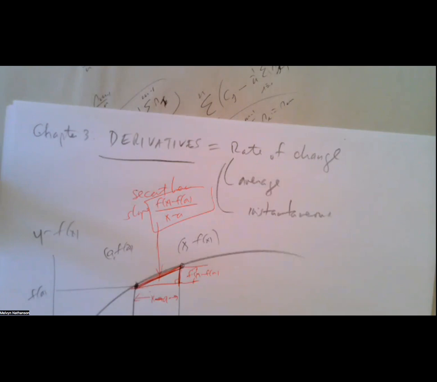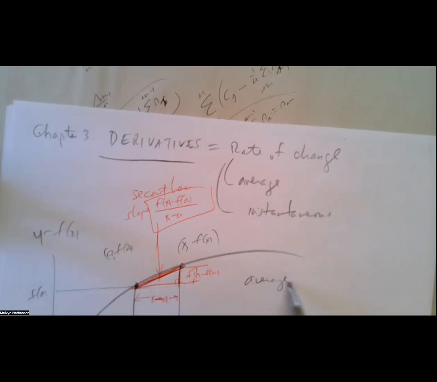The value of the function goes from f of a to f of x. Something like the average rate of increase would be the height divided by the width, this over this. You go this much horizontally, and as you move from here to here horizontally, the function goes up this amount.